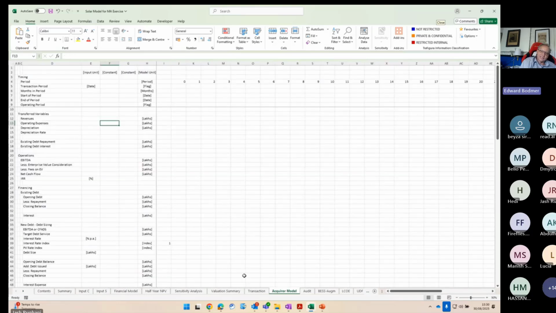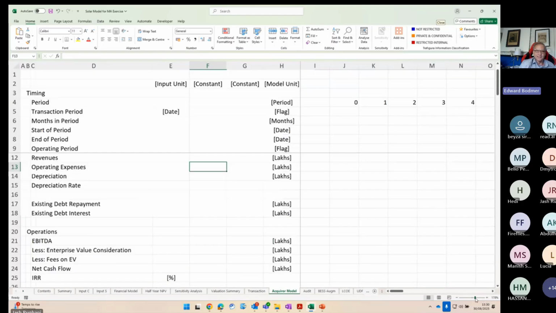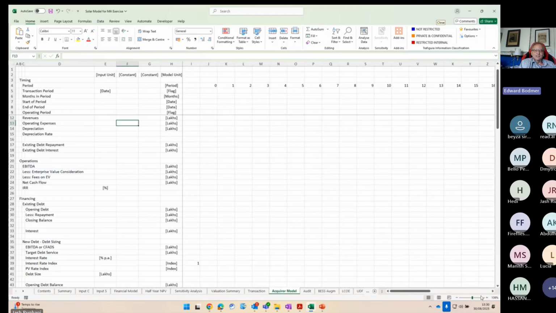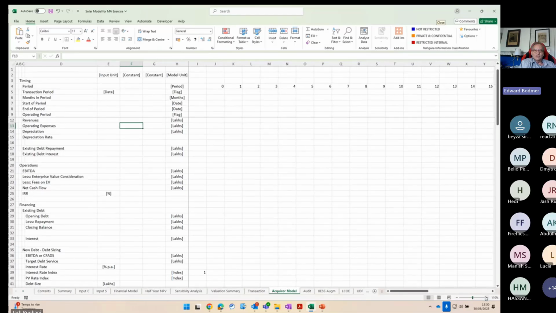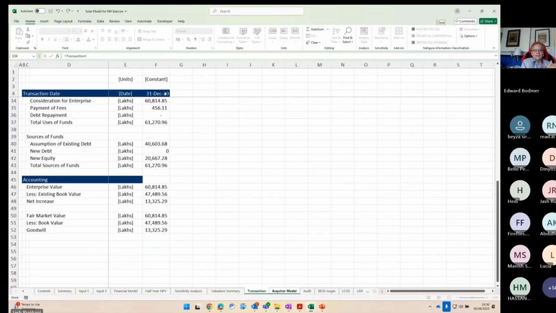Now, when we go to the acquirer model, we're just going to make a whole new model of this company. The first thing we've got to do is, where it says transaction period, and I have not practiced this, go to column F, put an equal sign, and get that transaction date.